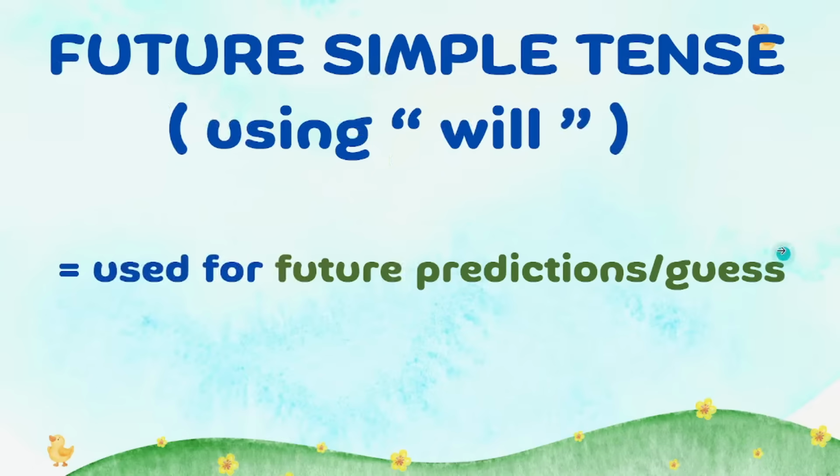There are also predictions, a wild guess. You will say that I'm planning to go to Korea next month. That's future. You will use "will."